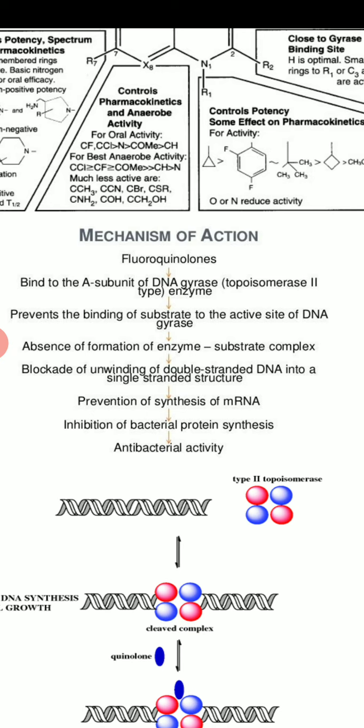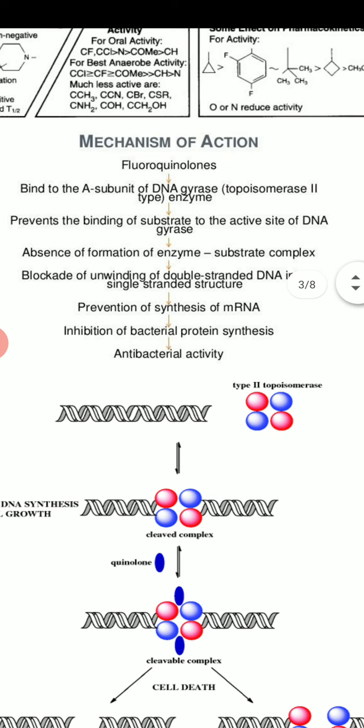Why do these substitutions occur? Because piperazines also increase the solubility of the drugs and improve the pharmacokinetic parameters of the drugs. So from the different structures you can see the difference between first generation and second generation, and the structure activity relationship of quinolones is very, very important.